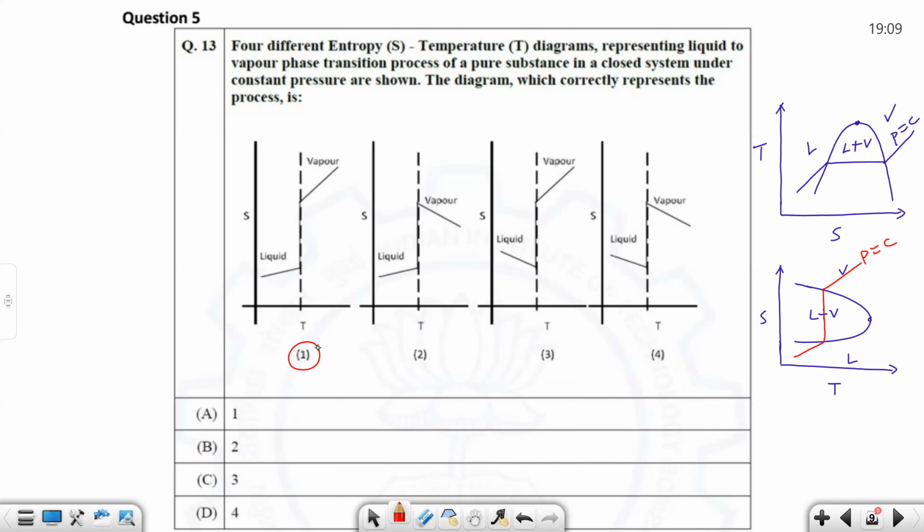None of the other options match. Maybe the first, A is the answer. This will be your answer.